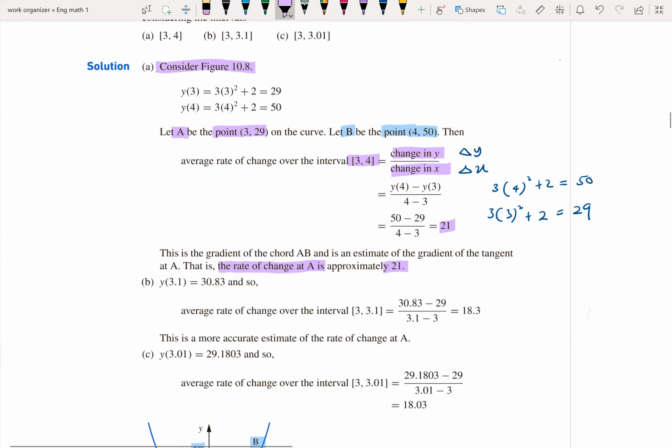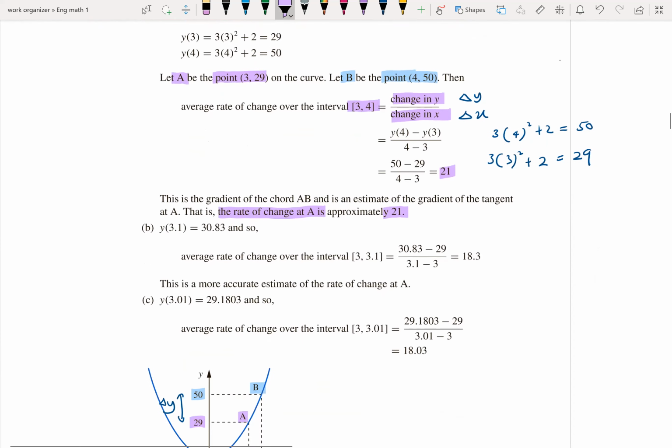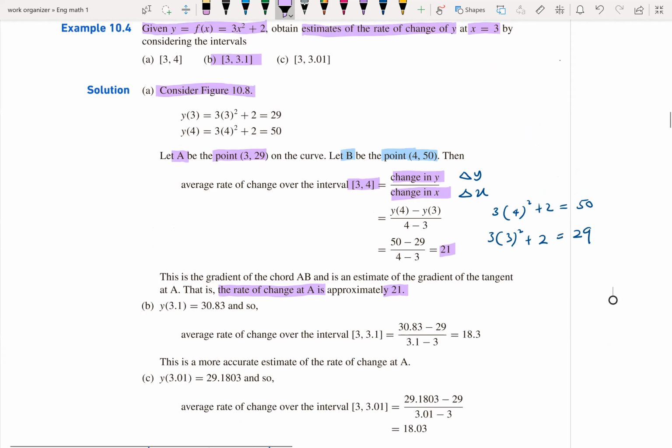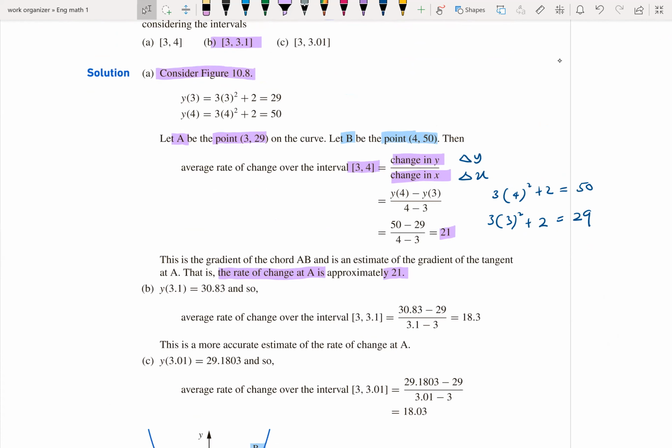Then for the next interval, which is 3 and 3.1, this one just maintains y at 3, and this one will be y at 3.1. This is what we calculated, minus 29.